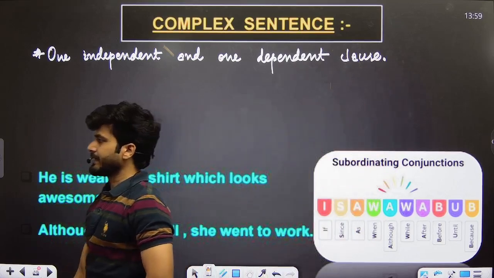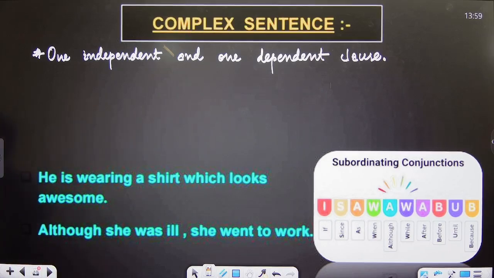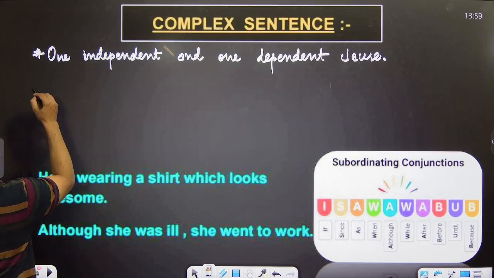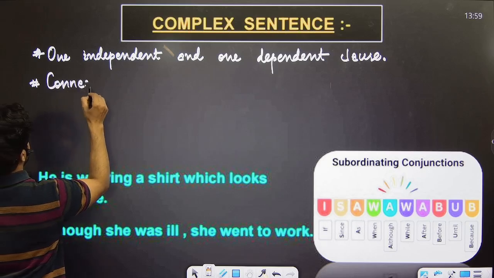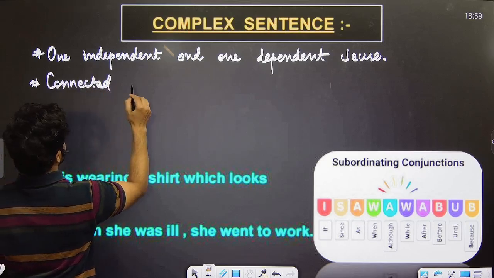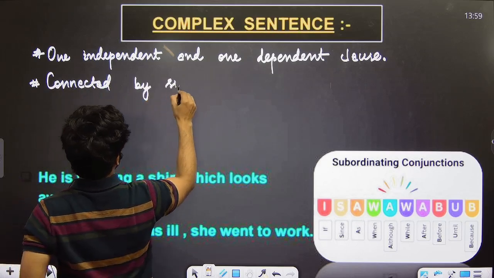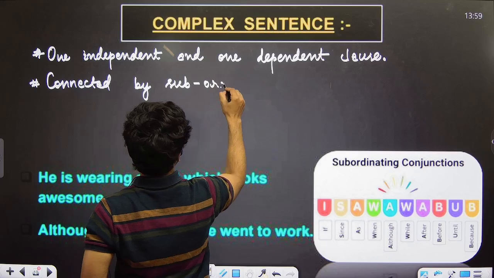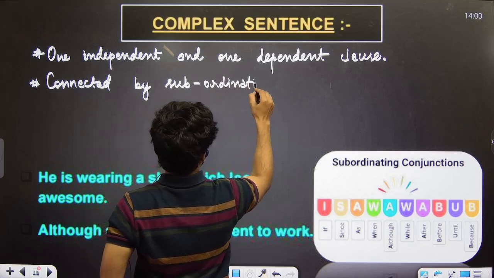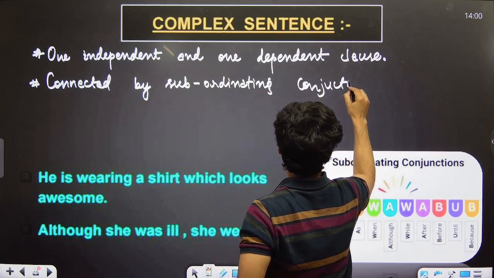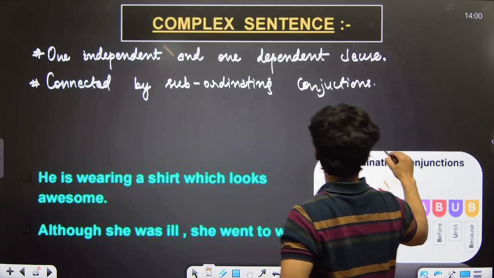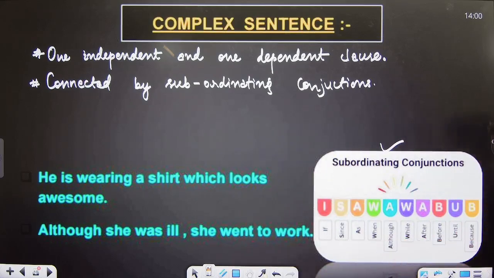One independent and one dependent clause will be joined by, connected by, subordinating conjunctions. Subordinating conjunctions, like if, since, as, when, although, while, after, before, until, because.